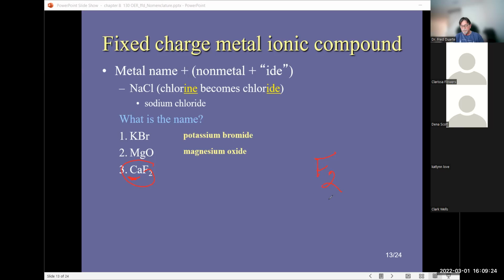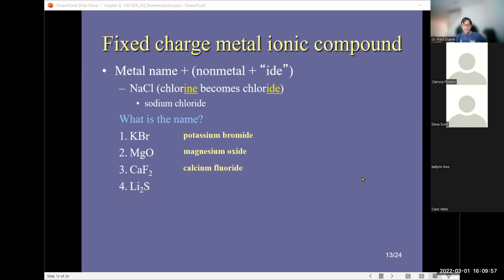If it was diatomic, F2, there's nothing before it. That would be fluorine. But if you got a metal there, and 99% of the time, the metal is written first, followed by the nonmetal. It can change around, but that's the format. Metal first, followed by the nonmetals. So we got calcium fluoride.